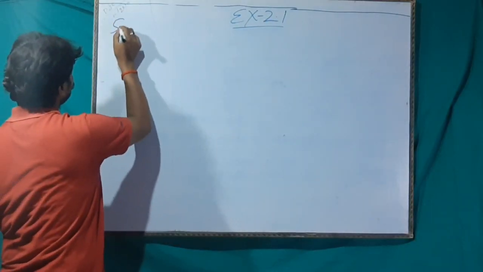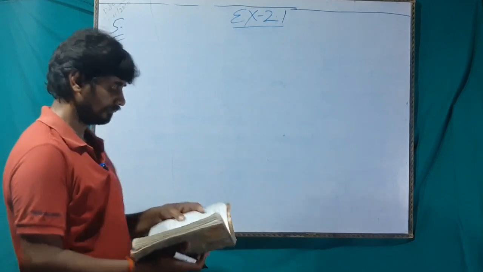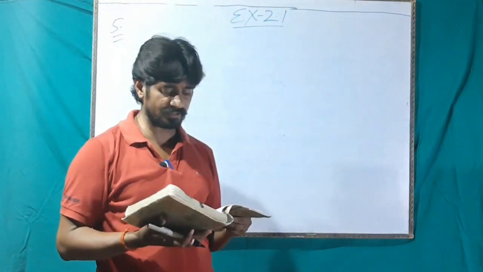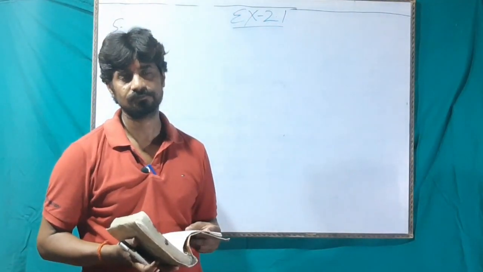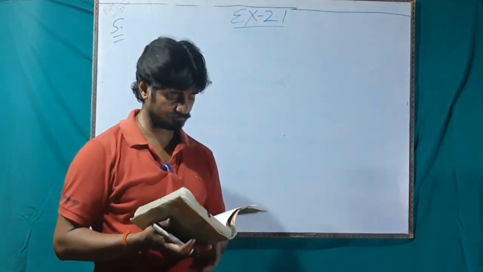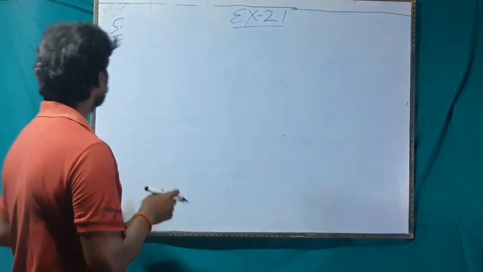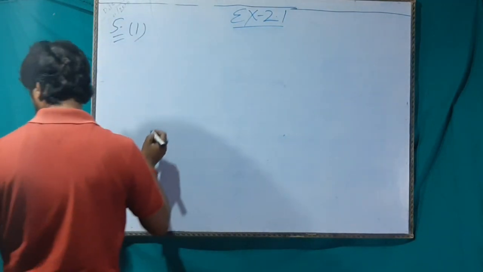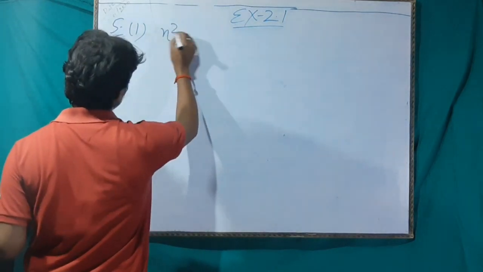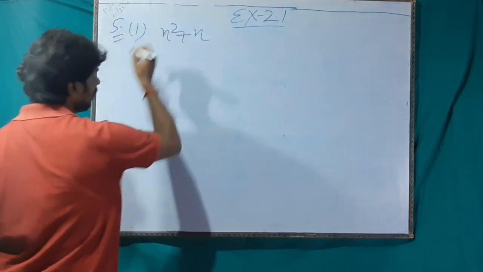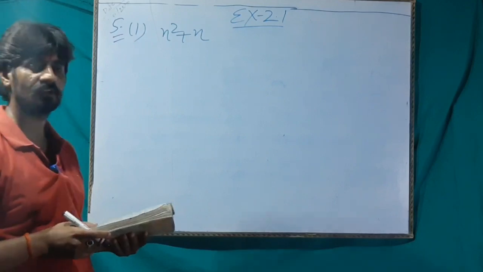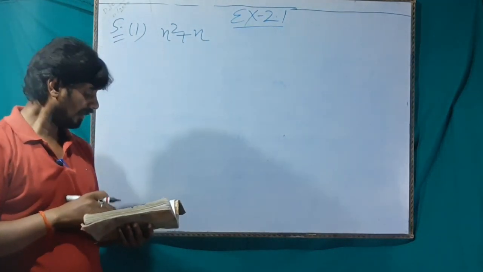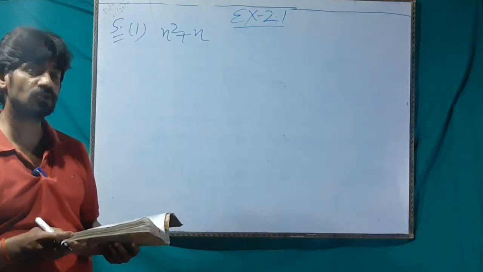Question number 5. Classify the following as linear, quadratic and cubic polynomial. Question number 5 first. X square plus x. It is a quadratic polynomial because its degree is 2.